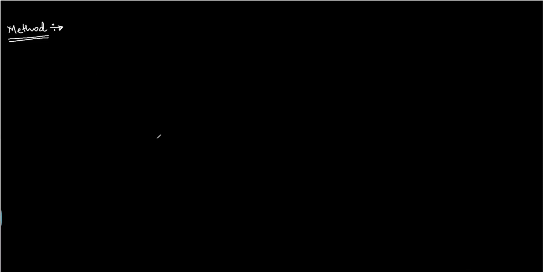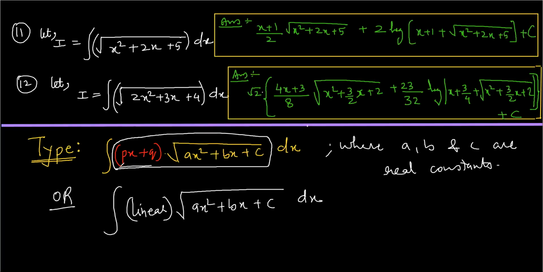Let us write the method for linear into root quadratic. The method for linear into root quadratic will be the same as the method for linear upon quadratic and linear upon root quadratic, with a slight change, and that change will come in step 3, I guess.